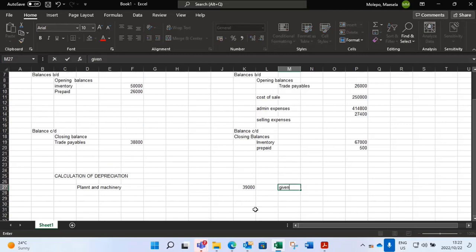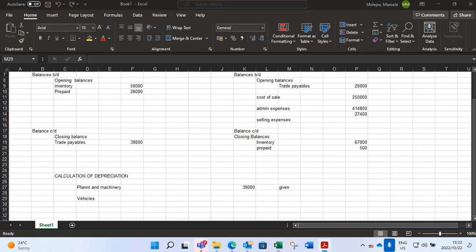And then now for vehicles, we've got 27,200. They said a vehicle with a cost price of 14,500, which is depreciation of 7.4 had already been written off, was traded in for 9,000. Okay.